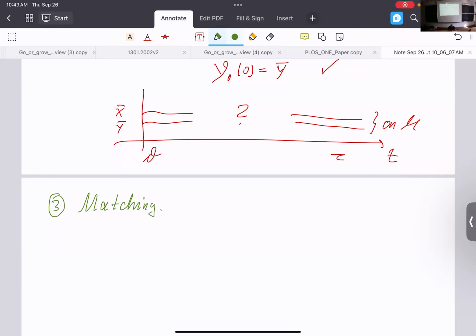So matching in another solution, and look at the inner solution as epsilon goes to 0. The idea of this approximation is it should be good when epsilon is very small, the smaller the better. Let's look at the inner solution.